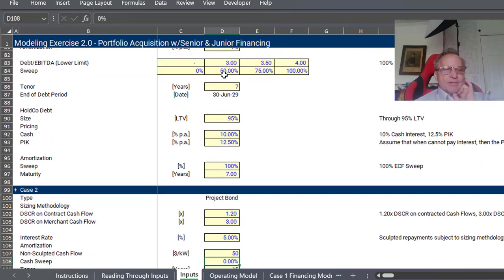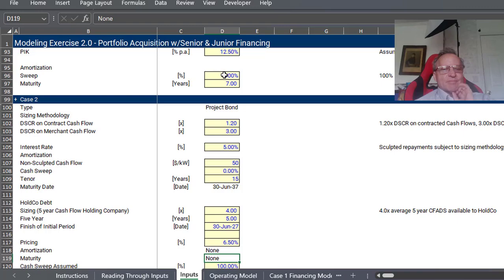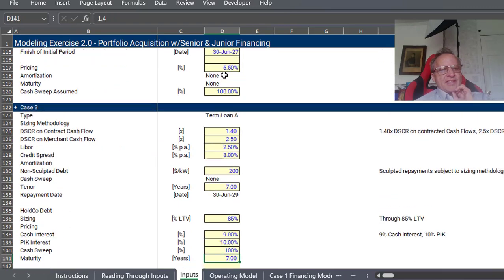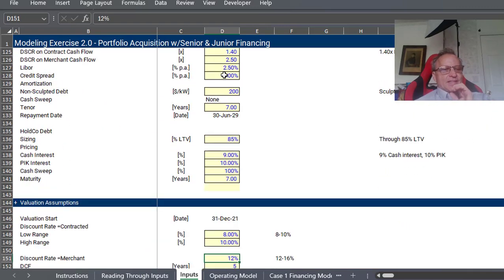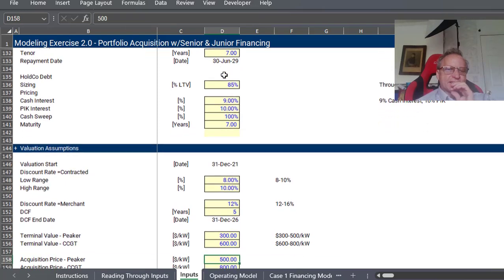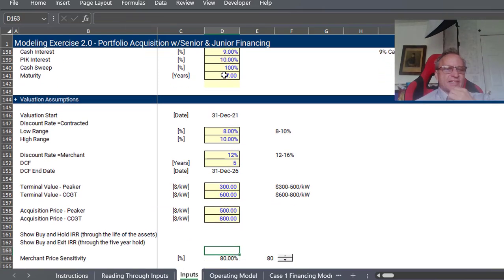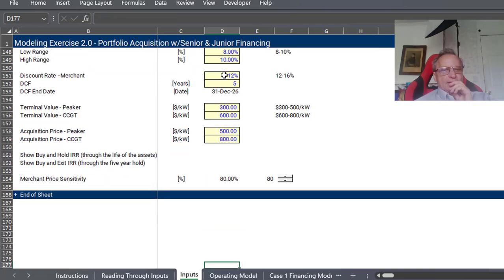And then the rest of these you just had to waste some time putting these inputs in, okay? And we get to the valuation assumptions, and I guess these things are going to be part of the data table, and we've got to figure out how to incorporate a data table into our analysis.